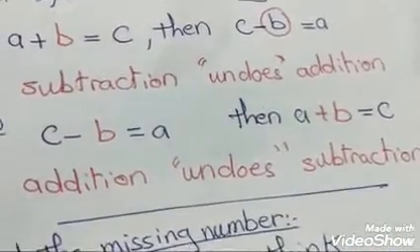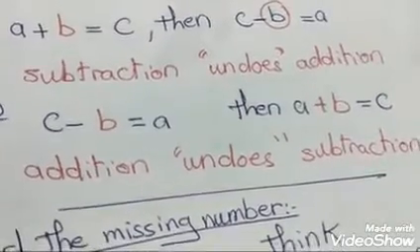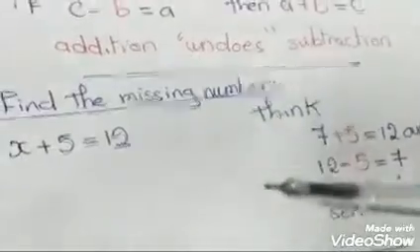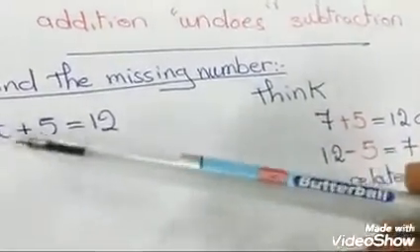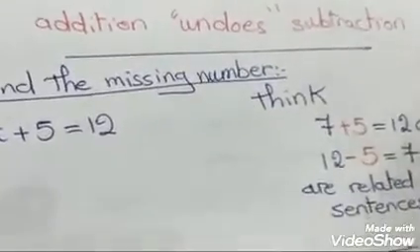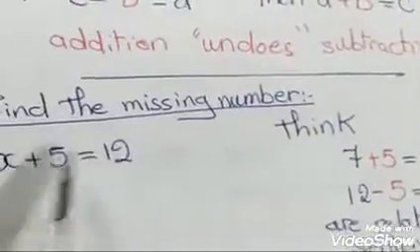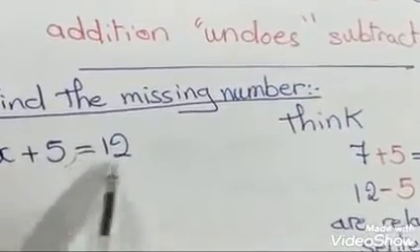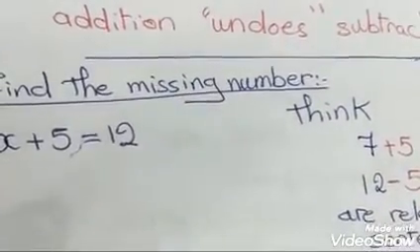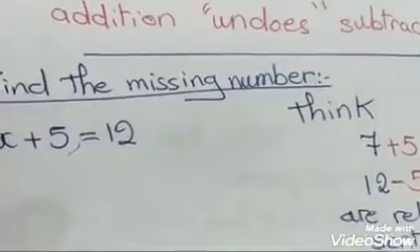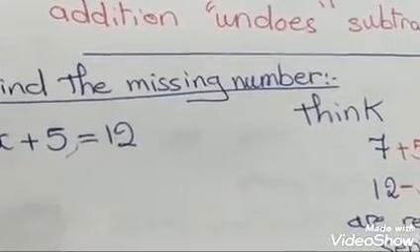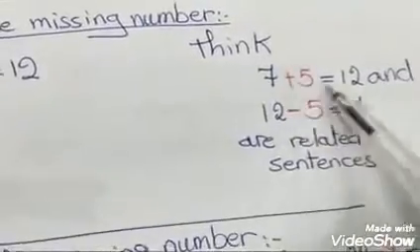How can we use this property of these two operations? If I have an unknown number, like x plus 5 equals 12, and I want to find the missing number, I have to think: what is the number that, if added to 5, gives 12? From the beginning, from primary 1 and 2, or maybe even KG, I know that 7 plus 5 equals 12.